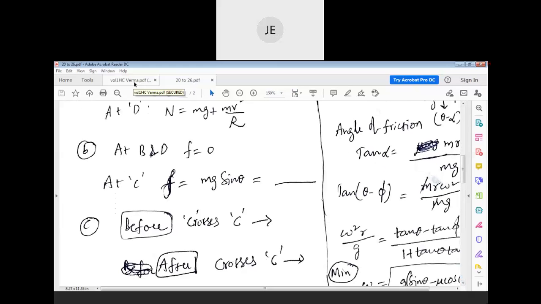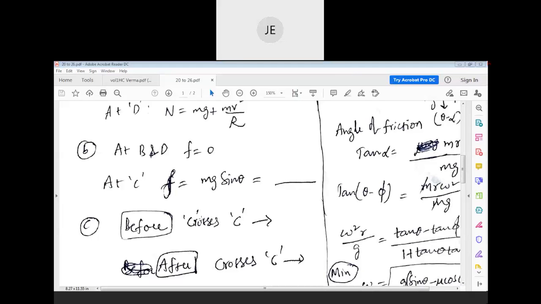Wait. Before crossing C, what is the formula? mg cos theta minus N equals mv square by r. Before crossing C, tell me the expression for normal force. N is equal to how much?